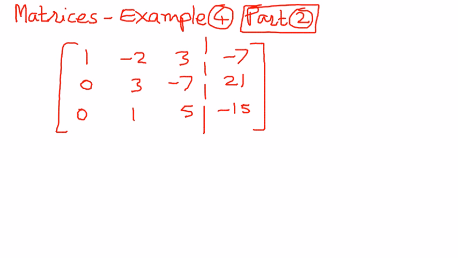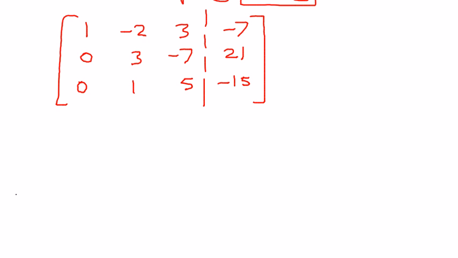In here we want to make this location equal to 0, and then we will use the row operations to arrive at that location as being equal to 0.